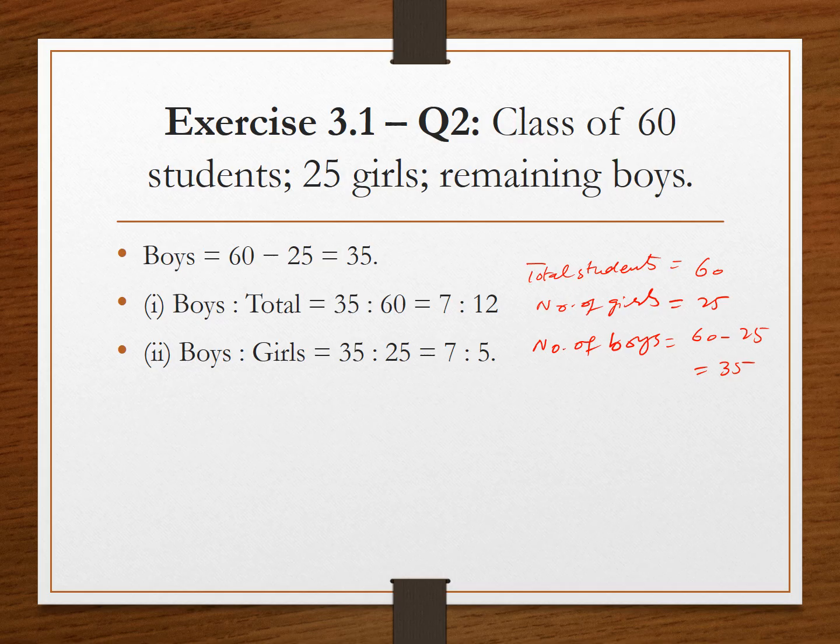Now in the second part, we have to find the ratio of boys to girls. First we will write the number of boys, that is 35 ratio, then the number of girls, that is 25. So the required ratio is 35 ratio 25. After reducing to lowest form, we will get 7 ratio 5.